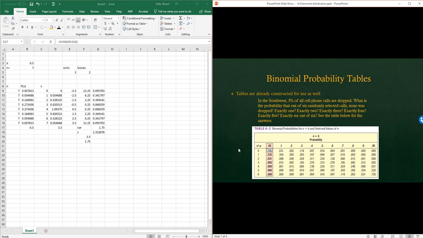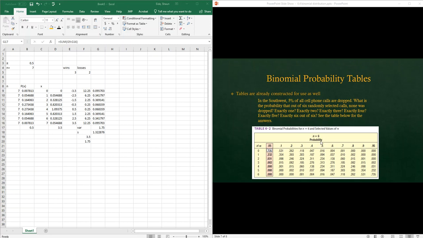Okay. And then I also want to introduce something to you called the binomial probability table. You see n equals 6, for when you have an n of 6 and you have an x of 0, 1, 2, 3, 4, 5, or 6, and a probability of success of 0.05, 0.1, 0.2.